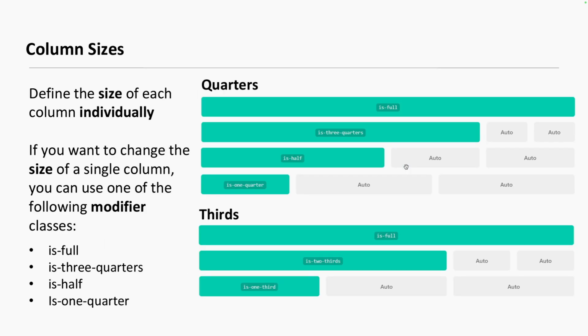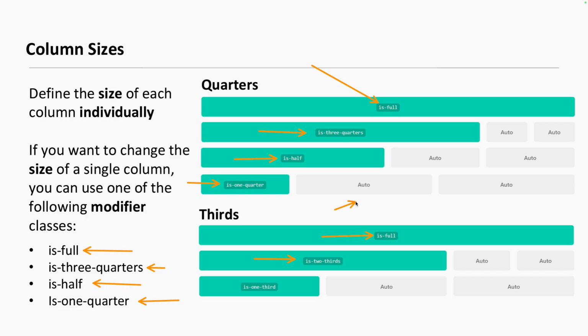Speaking of sizes, you can define the size of each column individually. However, if you define the size of some of them, the rest of the columns will just adjust to take up the rest of the space. We can use modifiers of is-full, is-three-quarters, is-half, is-one-quarter to define the size of our columns. The documentation is nice in that we have a usage of the modifiers inside of the space we're taking up here.